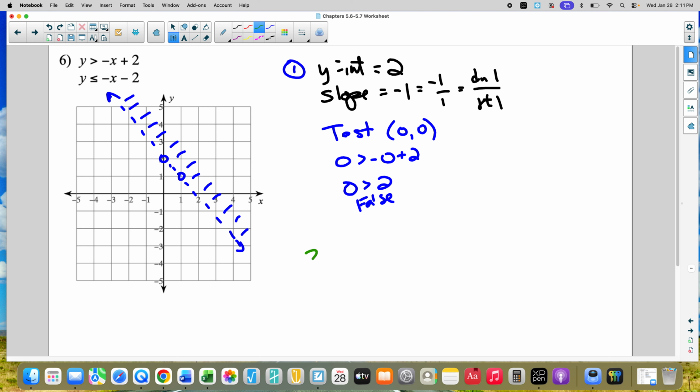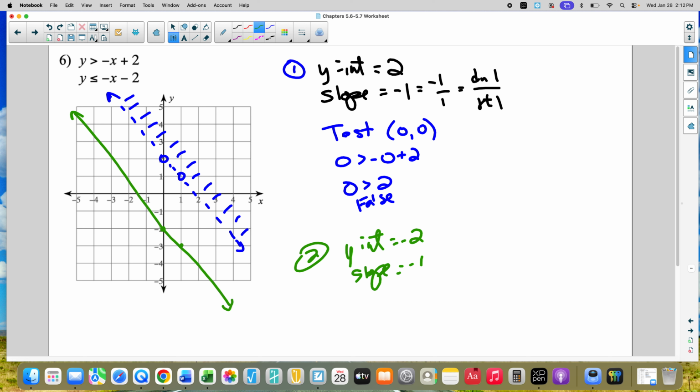Equation 2, my y-intercept is -2. My slope is again -1. My y-intercept is equal to, so I'm going to do a closed dot. I'm going to go down one, right one, and draw my line.